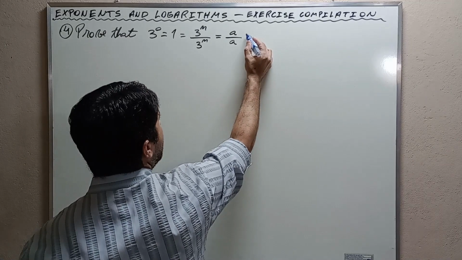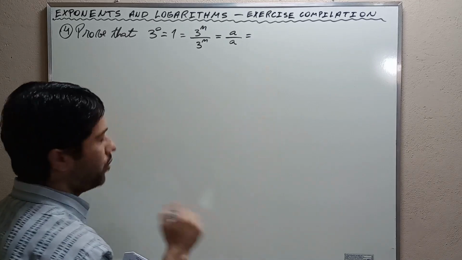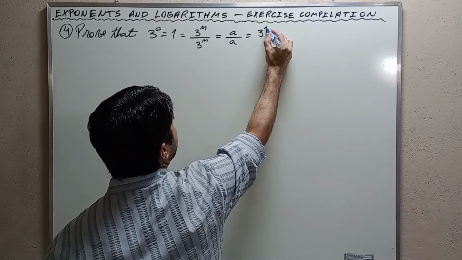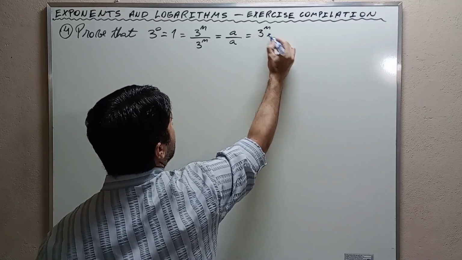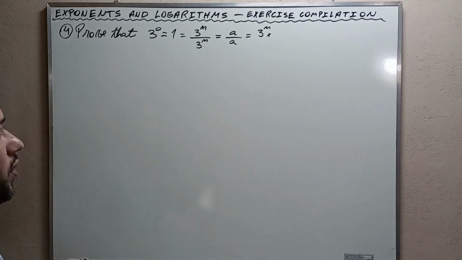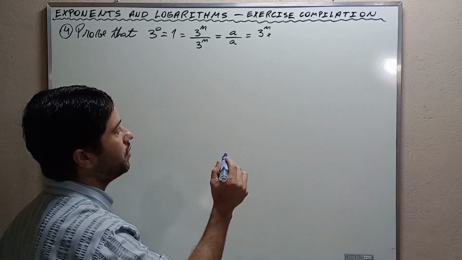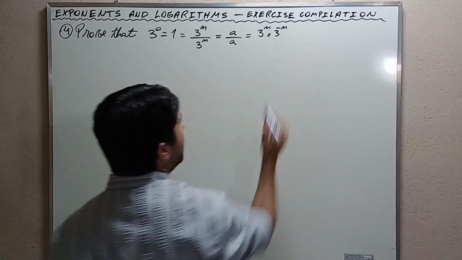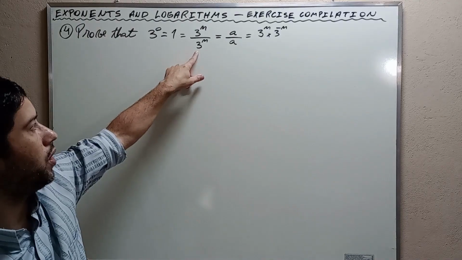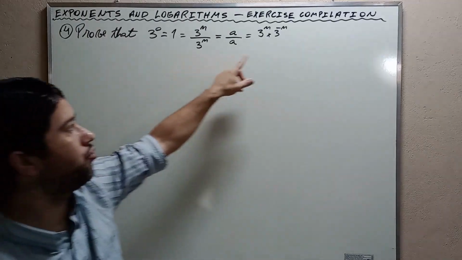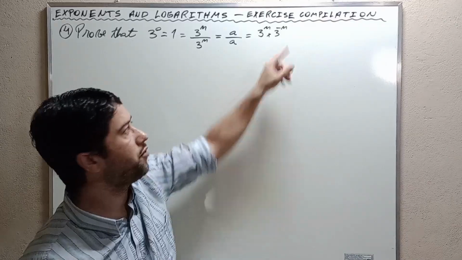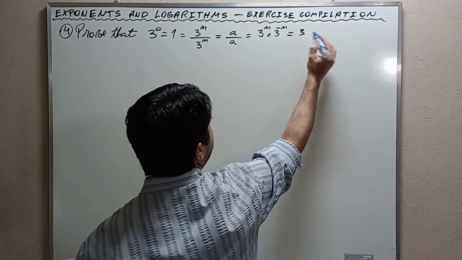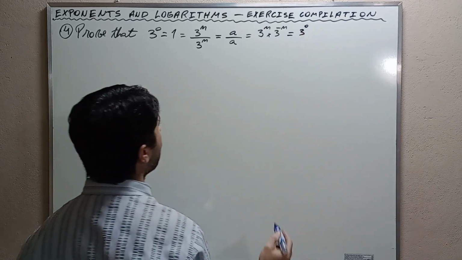And using exponentiation, we are studying exponentiation, we can say that 3 to the nth divided by 3 to the nth is also equal to 3 to the nth times 3 to the negative n. Okay, when we pass from the denominator to the numerator, we invert the sign, and then we finally find that it is 3 to 0.